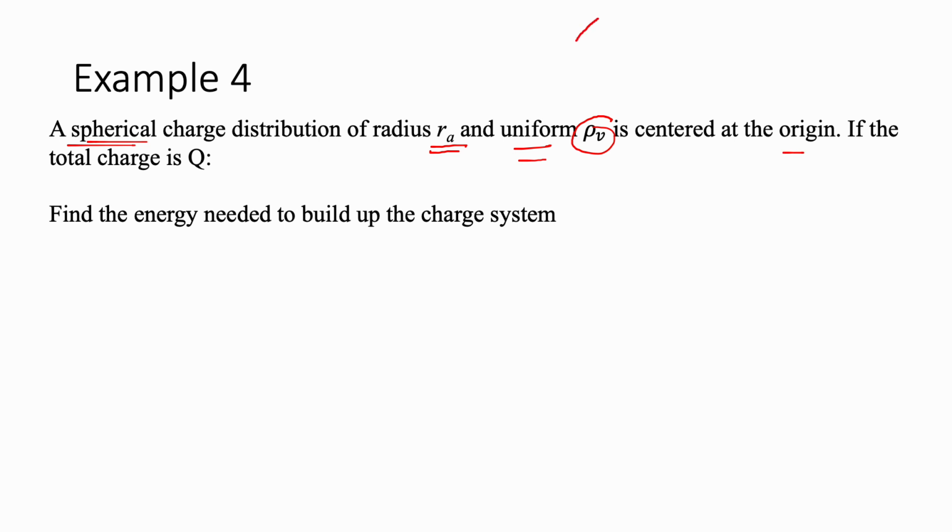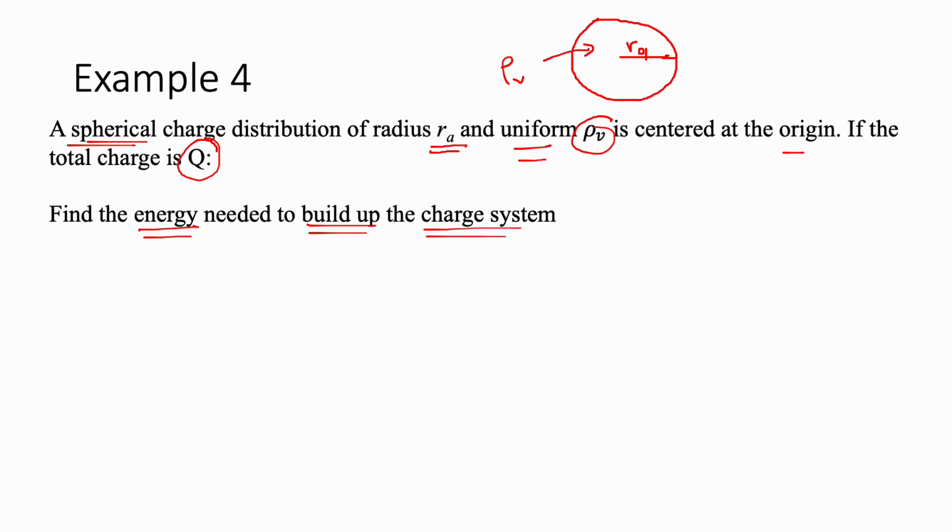If we illustrate, we have a sphere with radius RA, and inside here the charge is given as rho V. If the total charge is Q, find the energy needed in order to build up the charge system.